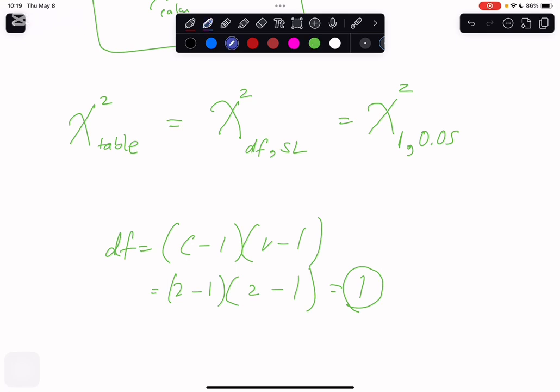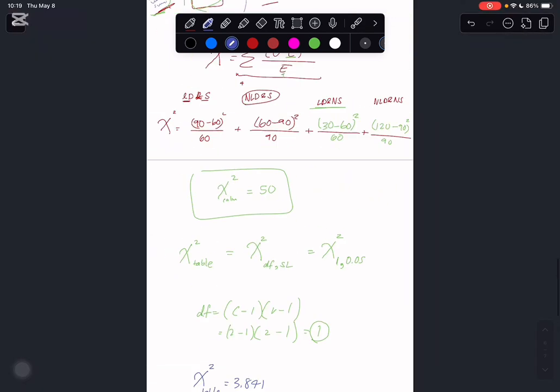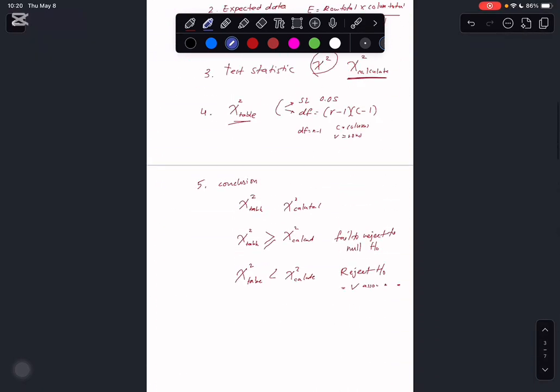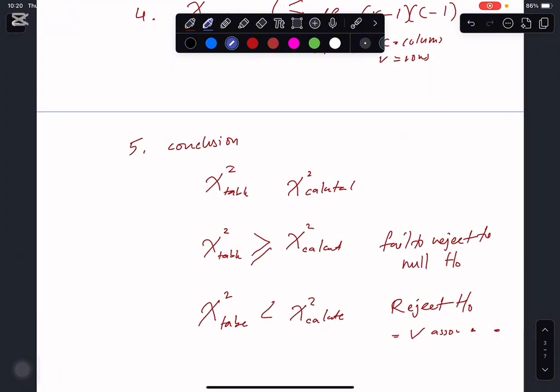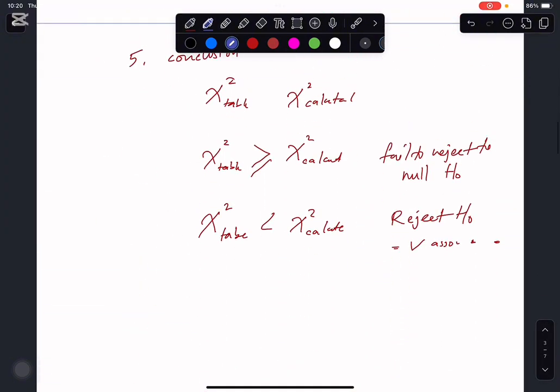Okay, so the chi-squared from the table is 3.841. Now, what do we do? I have the calculated value and I have the table value. I'm going to go back to the rule: if the calculated is bigger than the table, we reject the null hypothesis. These are the conditions. If the number we calculated is bigger than the table, we reject the null hypothesis.